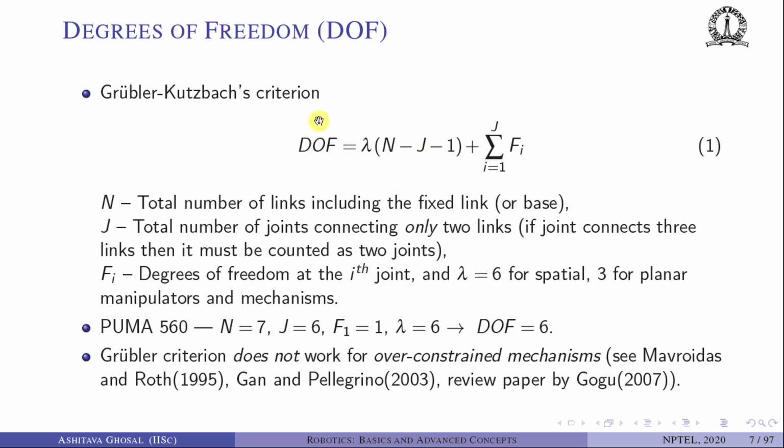Recall that in Grubler's Kurzbach criteria, there is no mention of geometry or the length of the links and so on. However, in an over-constrained mechanism, you have some special dimensions, a special arrangement of links, which makes it move.